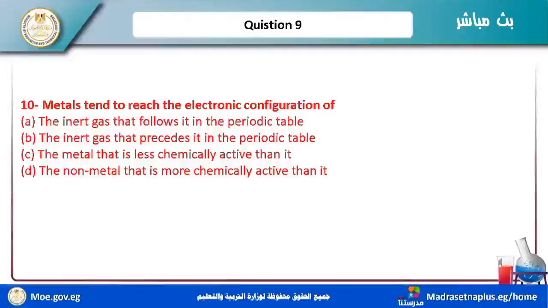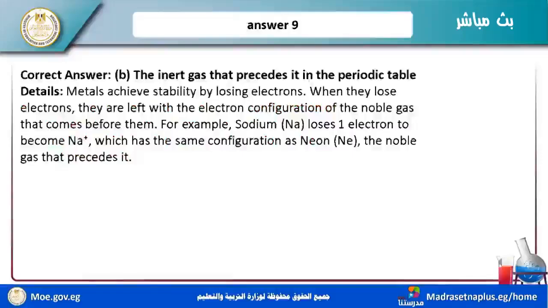Metals tend to reach the electronic configuration of the inert gas that precedes them in the periodic table, to become stable.